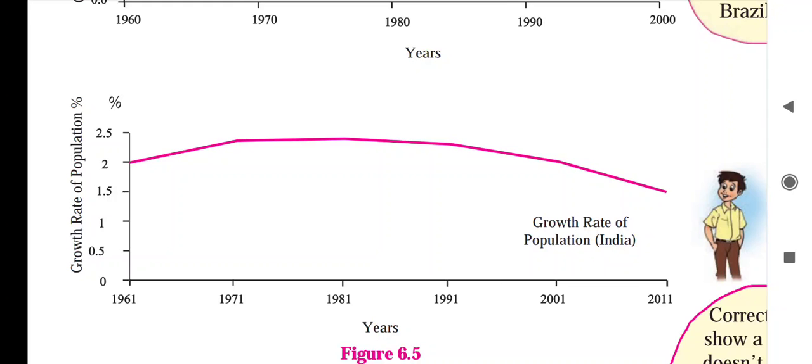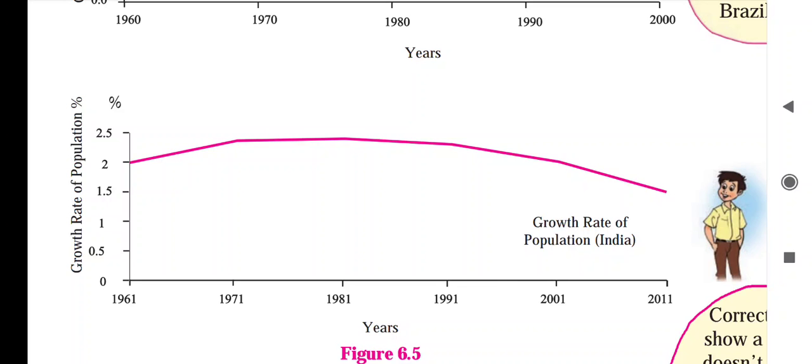In 2001 again we find some decrease in the population growth rate, and from 2001 to 2011 the graph shows that the population growth rate has decreased in our country. It does not mean that population is decreasing in our country, population is increasing, but the speed of increase has become a bit less.